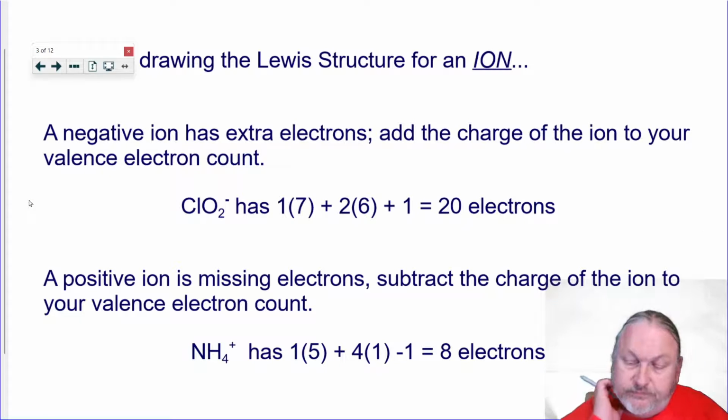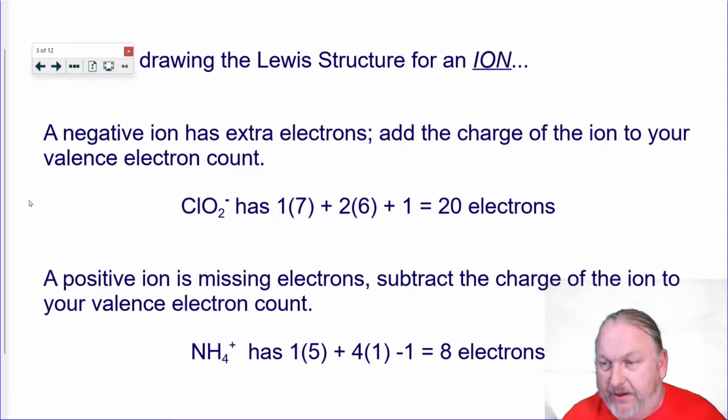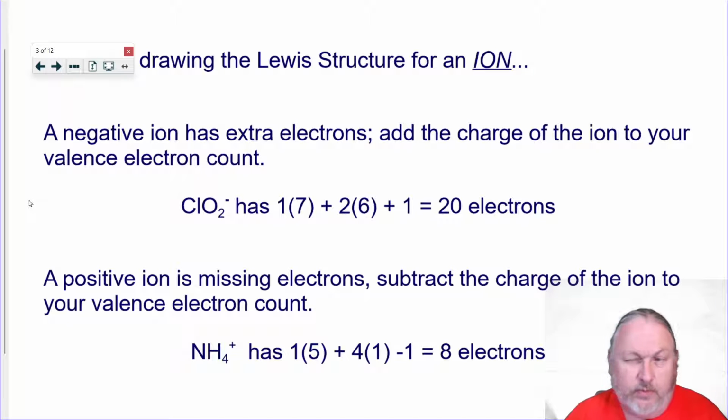A positive ion would not have the same number of electrons. It'd have 1 or 2 fewer, or whatever the charge is. It's missing electrons. So we subtract the charge of the ion from the valence count. With a negative ion, we add. With a positive ion, we subtract.